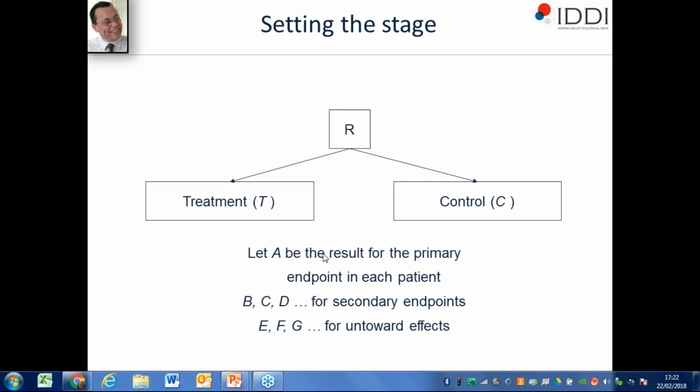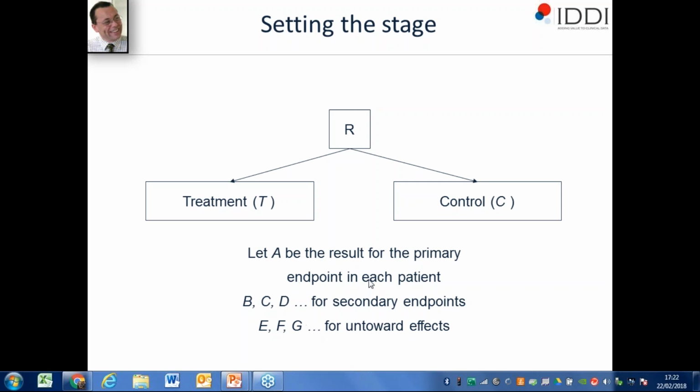But anyway, there is a primary endpoint, which we call A, and then we have secondary endpoints, and usually a long list of those called B, C, D, etc. And then, of course, also untoward effects of treatments and particular toxicities, which can be acute with very active drugs, which we call E, F, G, etc.